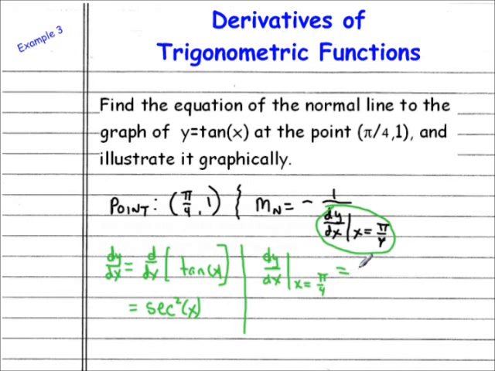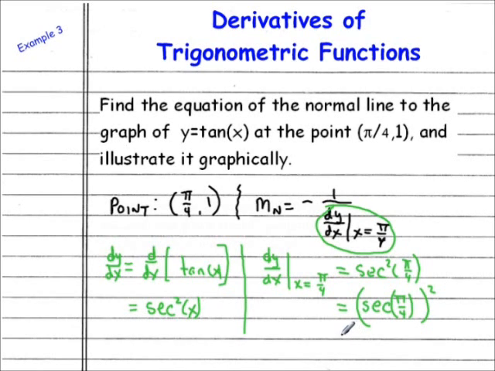Which means we're going to evaluate secant squared x at the value pi over 4. So we've got secant squared of pi over 4. Then we have to remember that secant squared really means the secant of pi over 4, and that result being squared. Secant squared means calculate the secant of the value and then square that result.